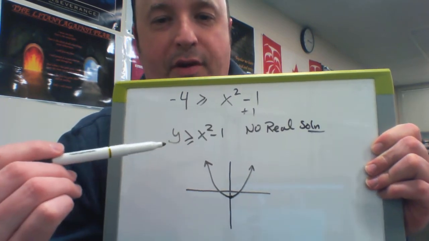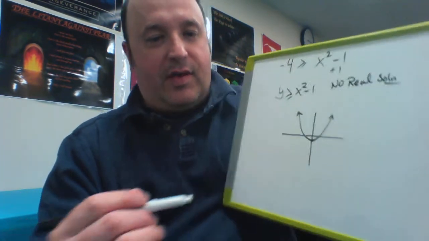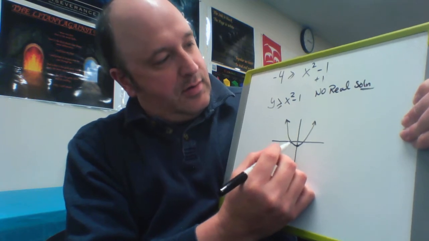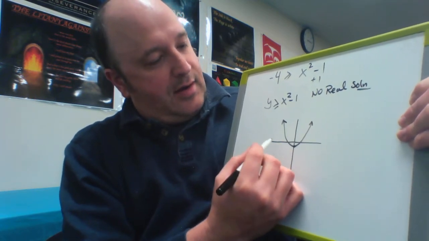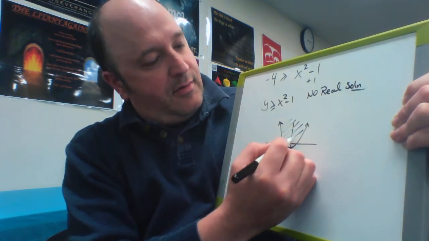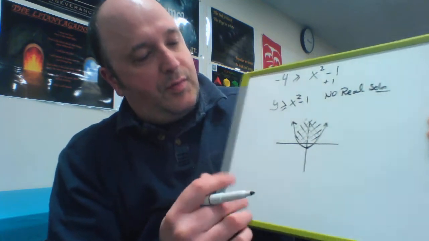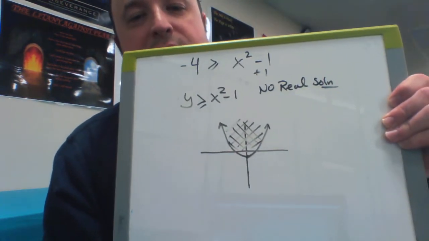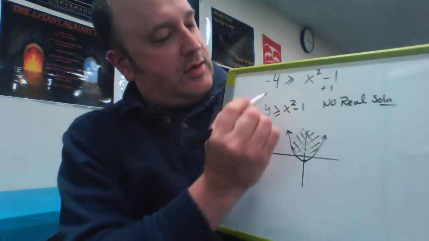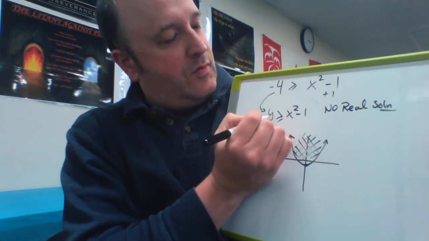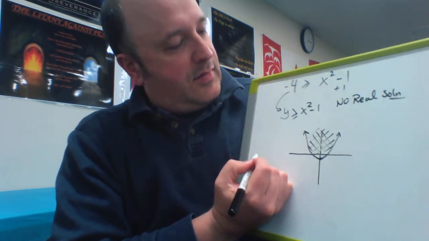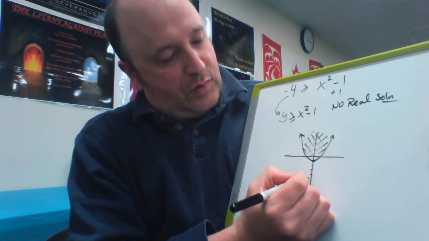All right, so I'm going to graph this, right? y is greater than or equal to x squared minus 1. So that's that, and everything greater than is up here, right? So that's the shaded region. And then if I see what happens when y is equal to -4, 1, 2, 3, 4.